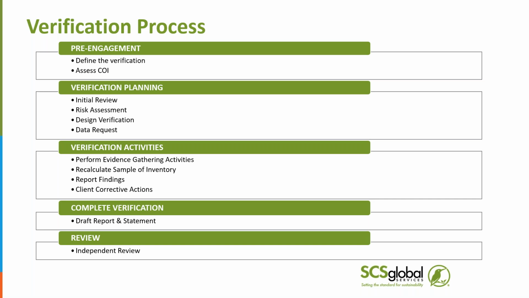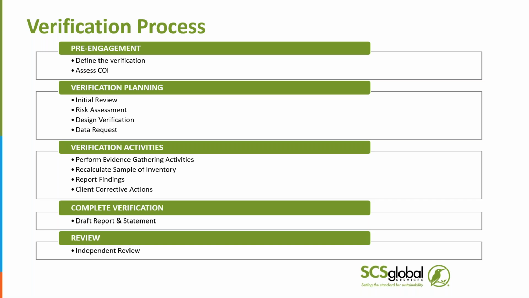So it's really important that during the verification process you are available to correct those errors, and that you do so in a timely way so that we can proceed with a positive verification statement.